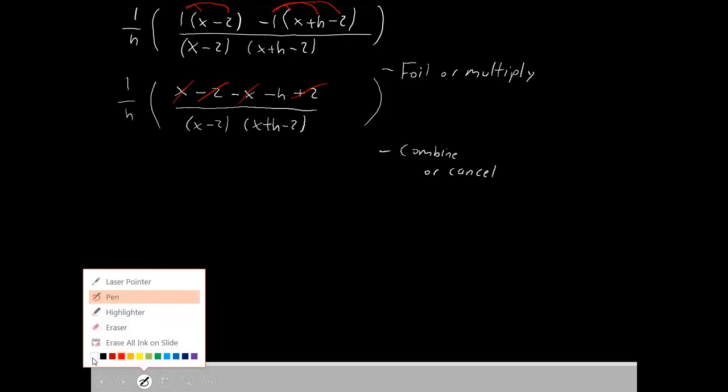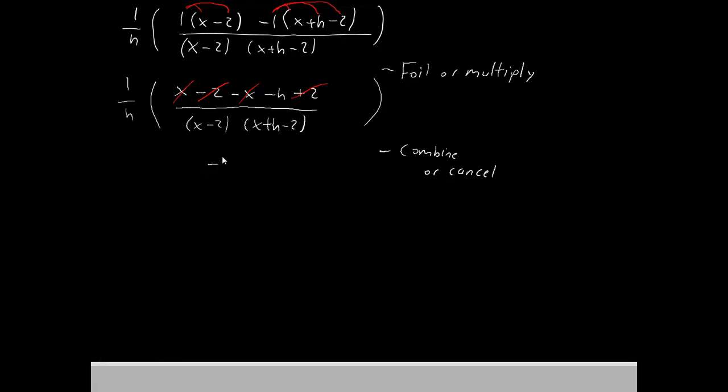That leaves us with just negative h divided by x minus 2, x plus h minus 2, and it is still times 1 over h. Do you see something else we can cancel out? Seeing as how we have an h on the top and an h on the bottom, those h's will cancel out also.